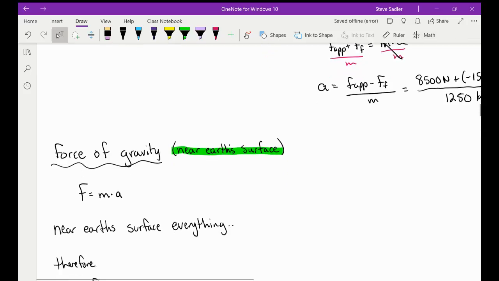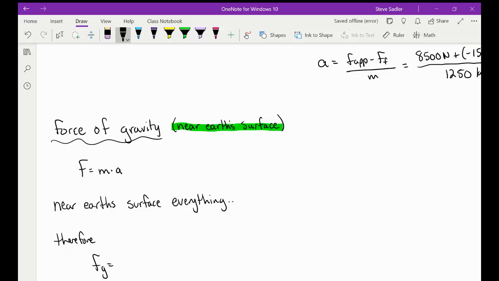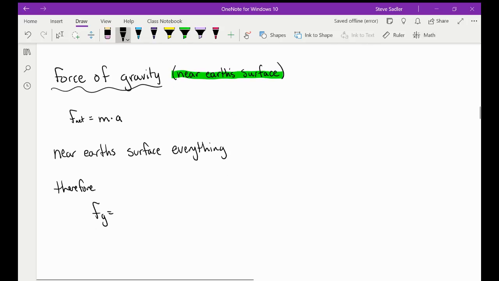So we know that F net is equal to mass times acceleration. But near Earth's surface, everything accelerates at the same rate. Hopefully that makes sense.